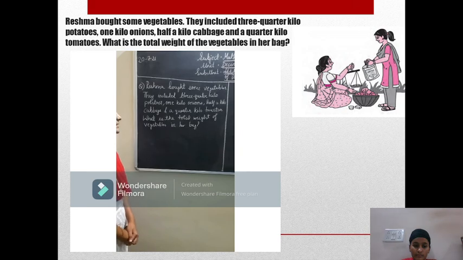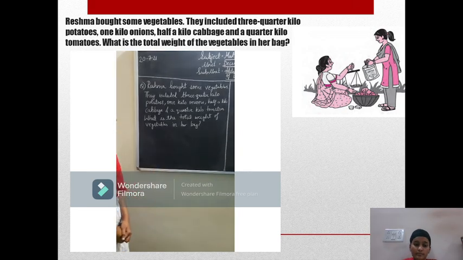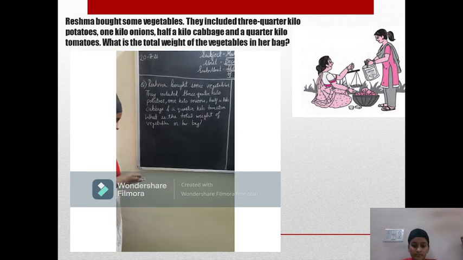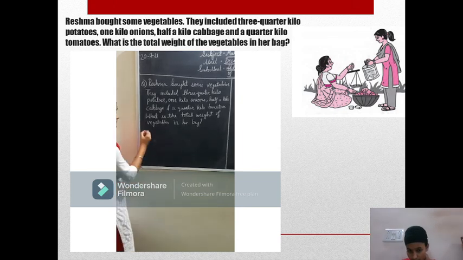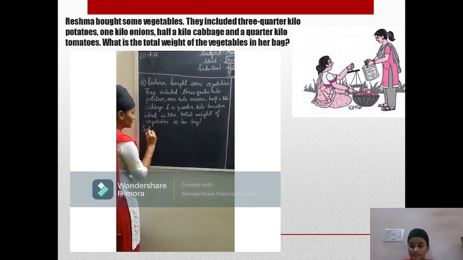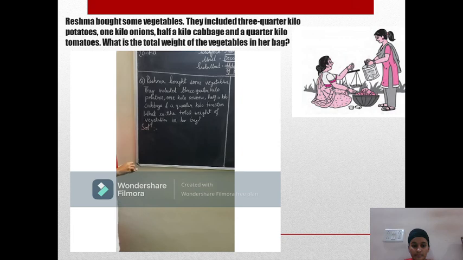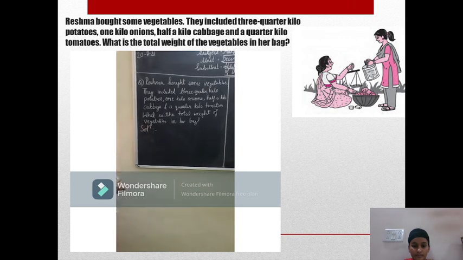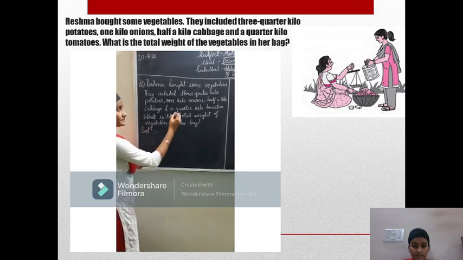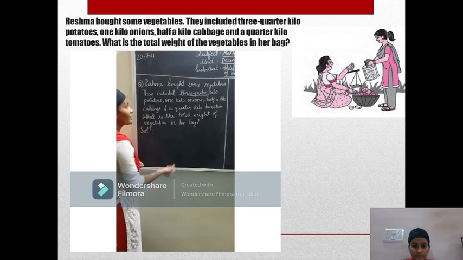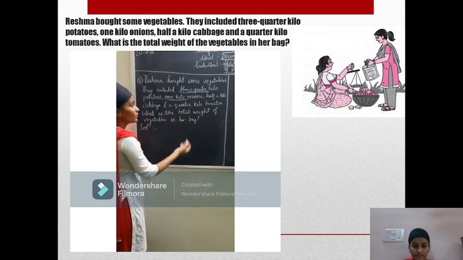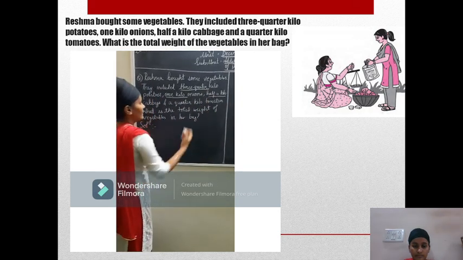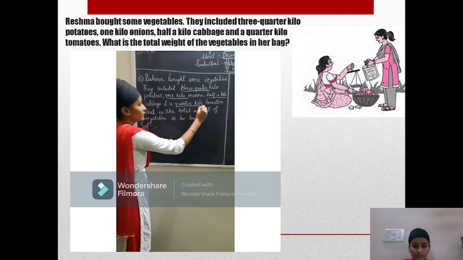You have to tell the total weight. So now first thing, which three to four quantities are given here? Yes, 3/4 kilos, 1 kilo, half a kilo, and a 1/4 kilo, right?